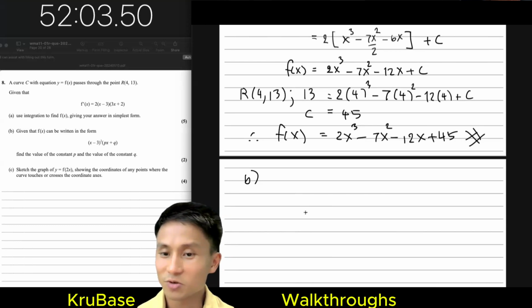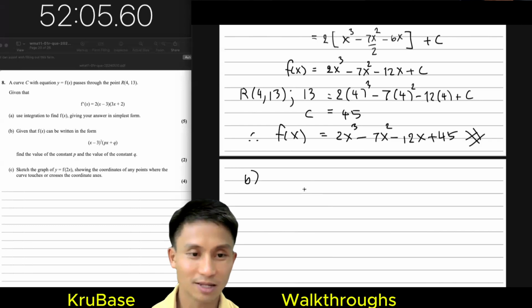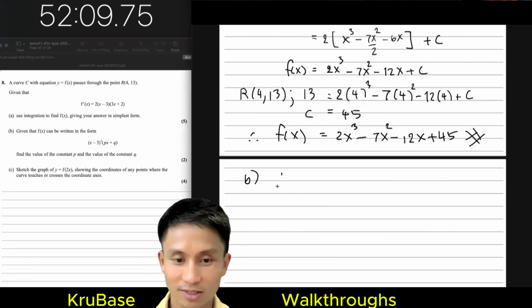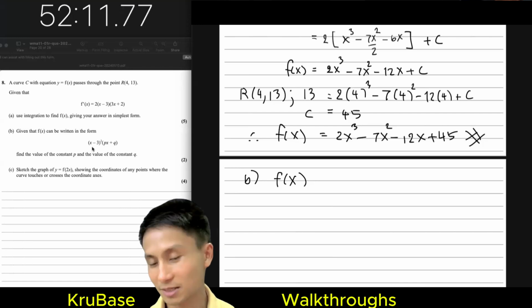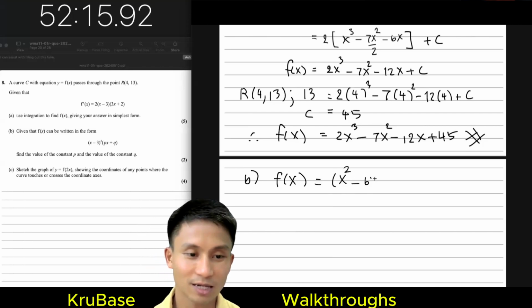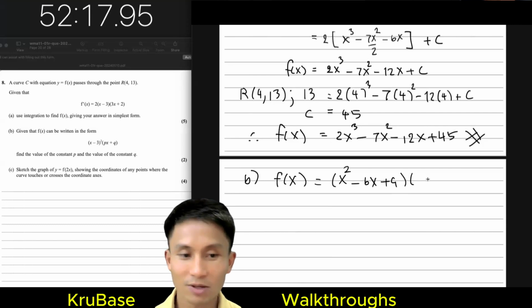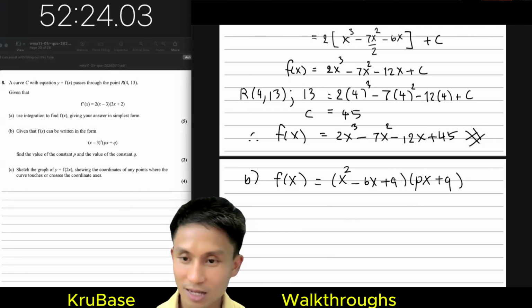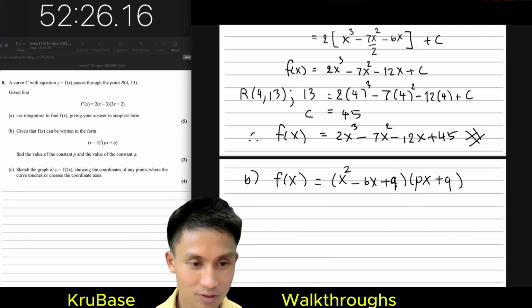People might think that they need to do a long division, but let me show you why I wouldn't do that in this case, because if I expand the x minus 3 to the 2, I get x squared minus 6x plus 9. And because they already have a p and a q in place here, I've got to be careful when I write numbers, right? So this is 9, this is my q.